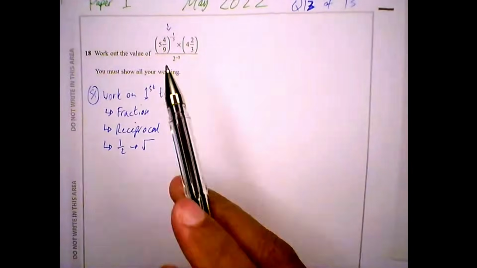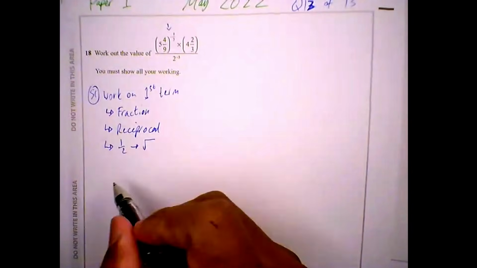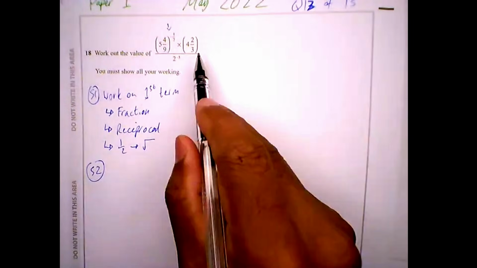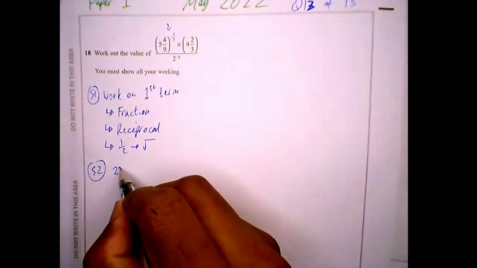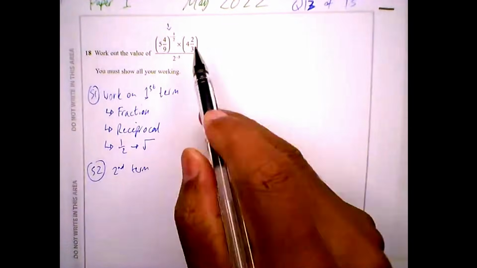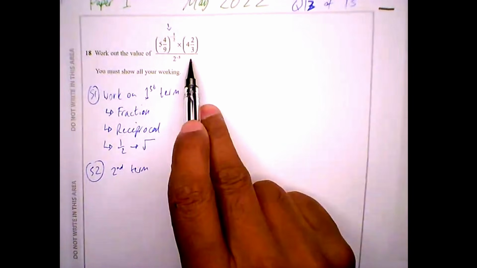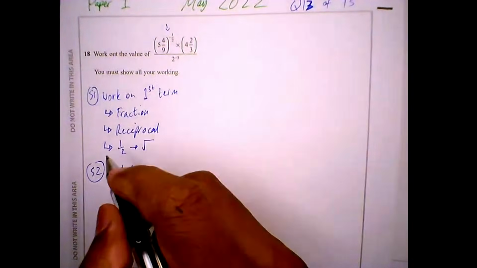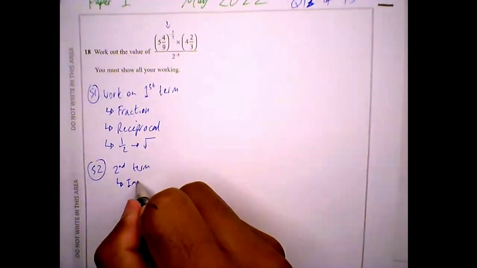And then step 2, so you can see there's lots of sub-steps. Step 2 is I'm going to be working on the second term, which looks easier to do actually, because it's just changing it from a mixed number to an improper fraction.